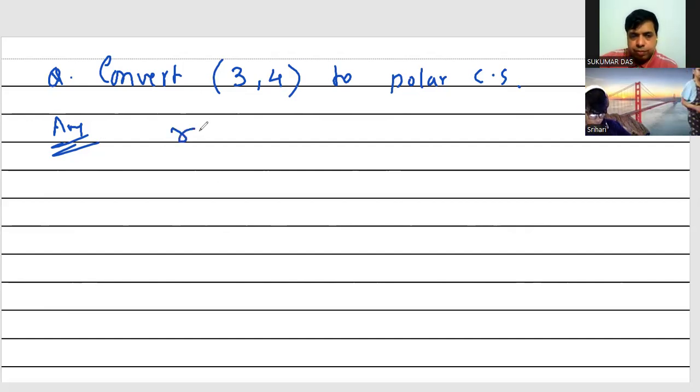R is equal to 5, correct. And then theta is, one second.